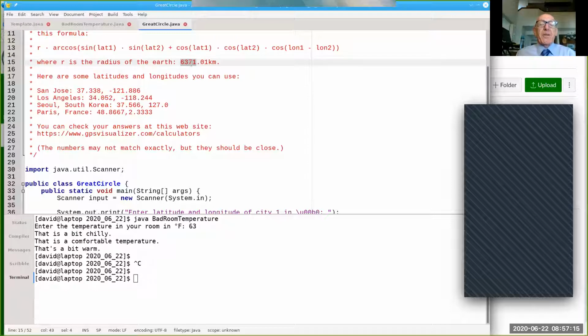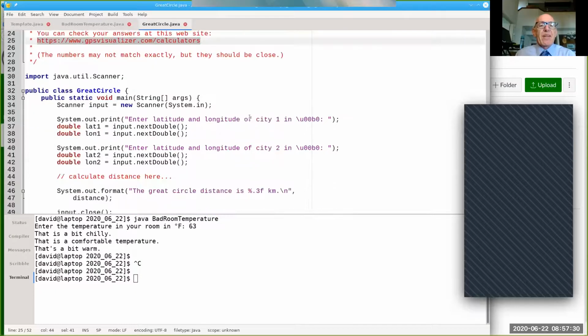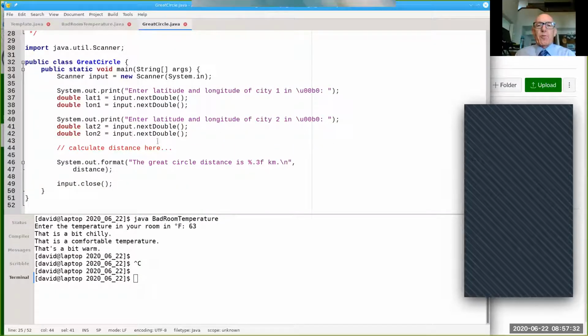I strongly suggest you make that a constant, a final double R, which would be a capital R in this case. And here's some latitudes and longitudes you can use, and here's someplace where you can check to see if your answers are correct. I've set up the input for you already so that you don't have to write all that. So take about the next 10 or 15 minutes to work on that, and you'll be using the math class to do that.